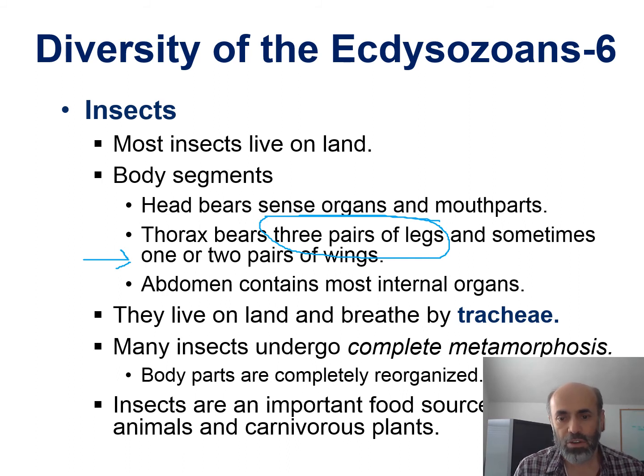Many insects undergo complete metamorphosis, and some of them go through incomplete metamorphosis, where different stages are not completely or dramatically different from each other. Complete metamorphosis is one in which complete reorganization of the body parts takes place.